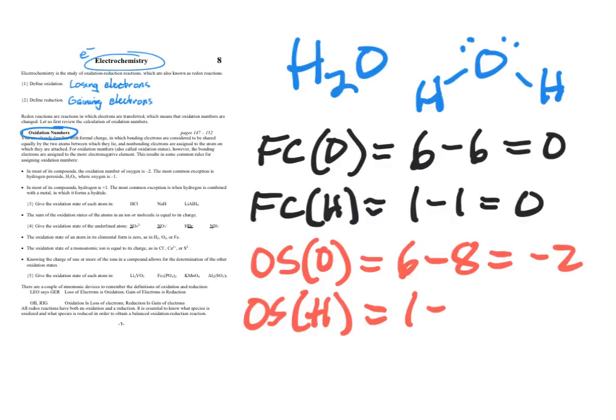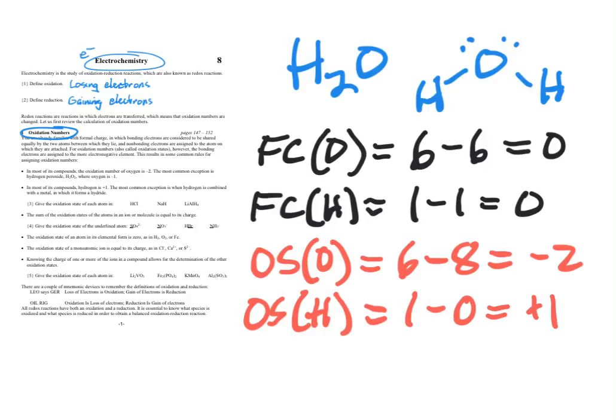And remember, the hydrogen actually lost out to the oxygen because it's less electronegative. So these bonding electrons are only being counted towards the oxygen, so the hydrogen is behaving as if it has no electrons around it. So that's 1 minus 0 for a total of +1.